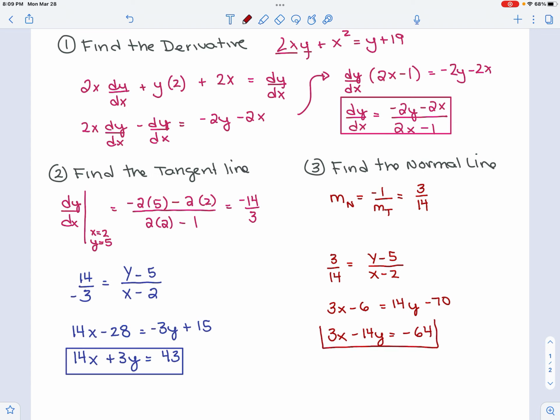And this is the equation of the normal line.